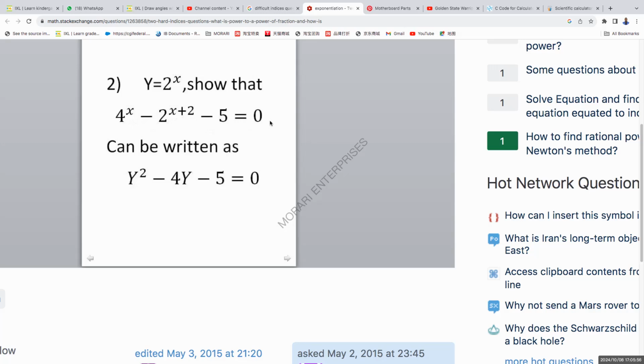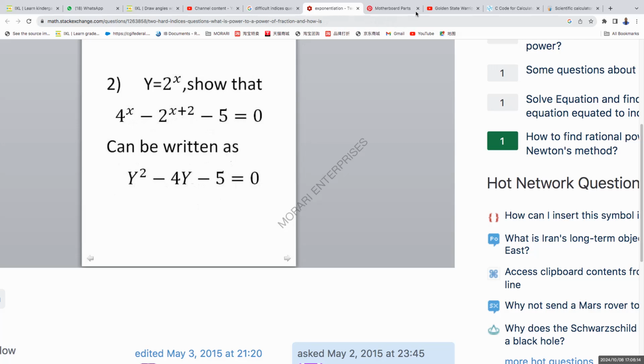How can you change this to something easy before you go and solve it? You can change it to y squared minus 4y minus 5 equals 0. And this one is a quadratic equation. That will be easy for somebody like Miriam to solve.